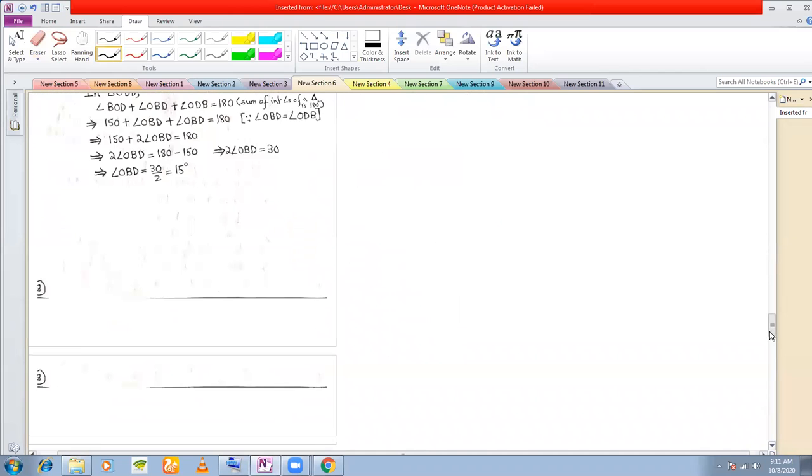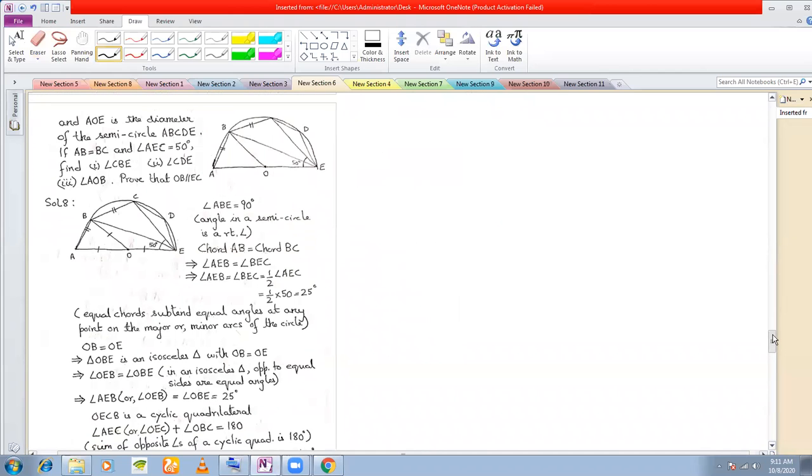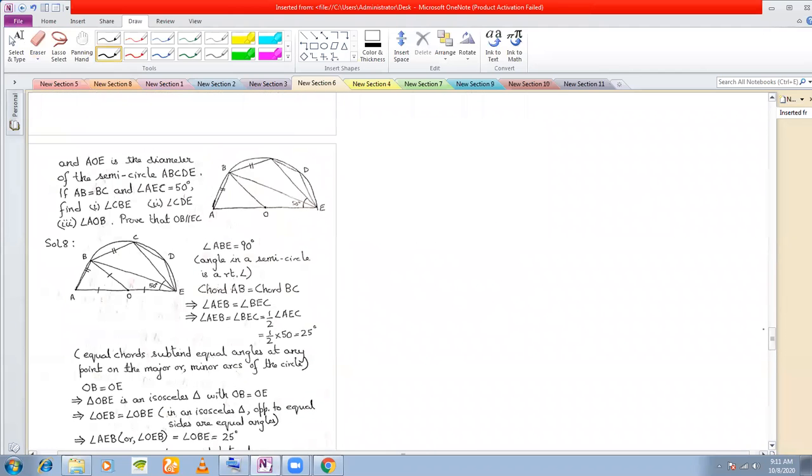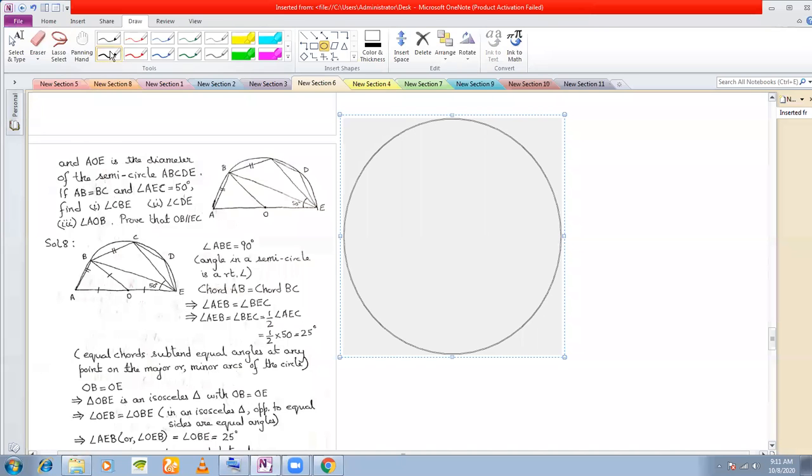Okay, so we move on to the next problem here. Now this problem, I might have to draw this because I can't do it on this. It's a very small figure.